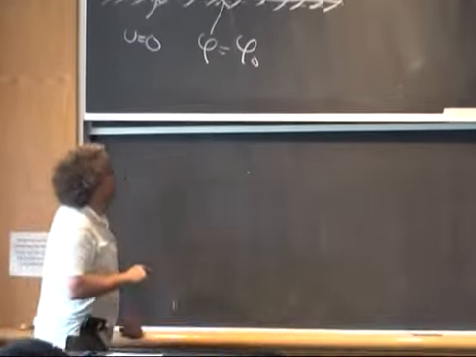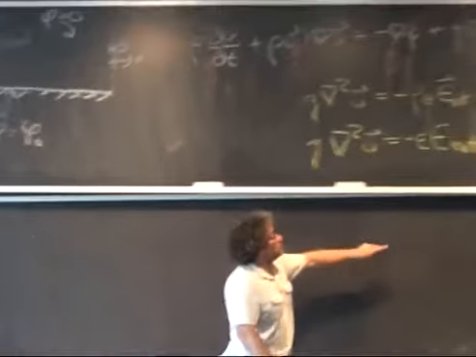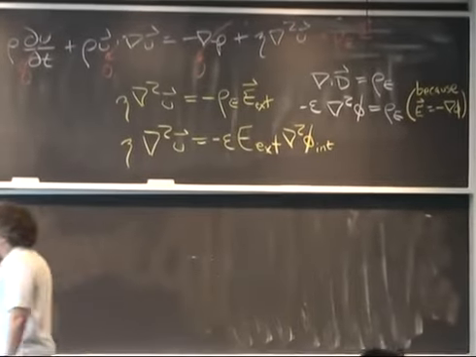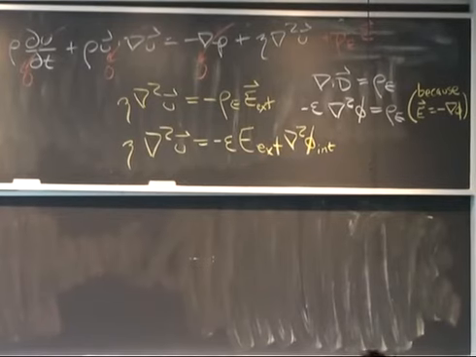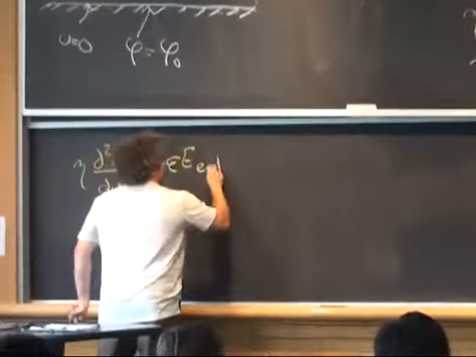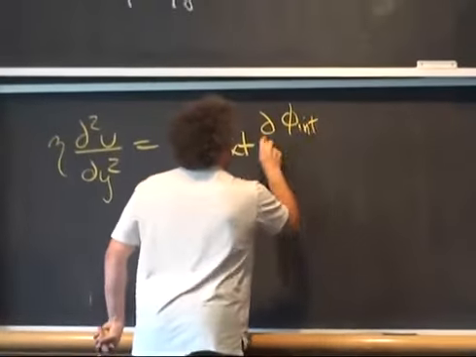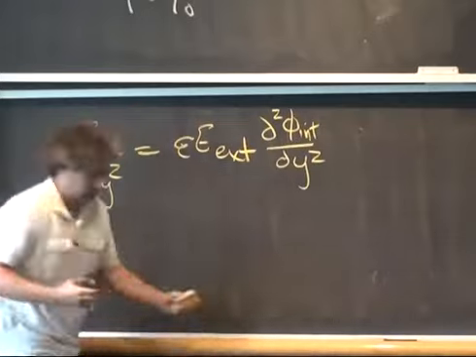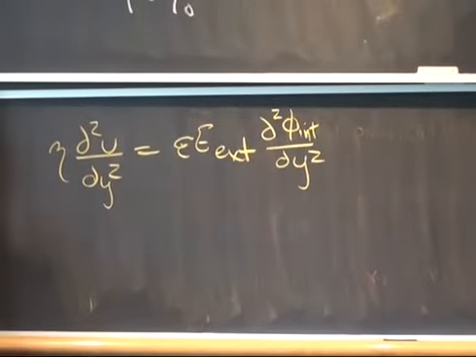So if I write this now in a one-dimensional form, if I assume that u is a function of y only, and I assume that the potential, this intrinsic potential, is a function of y only, I get that expression. Comments or questions? Yeah, cool.